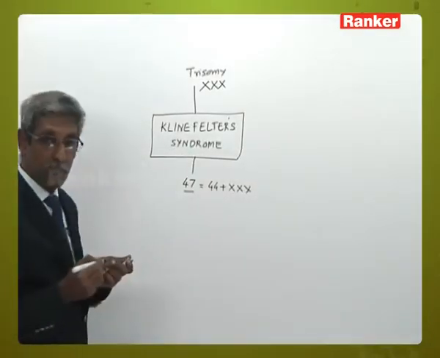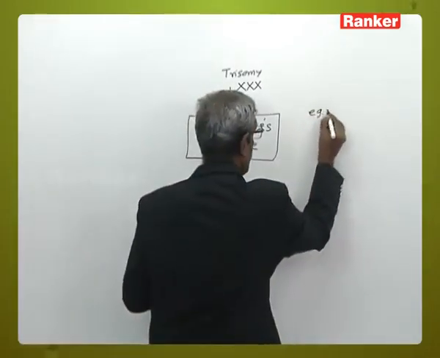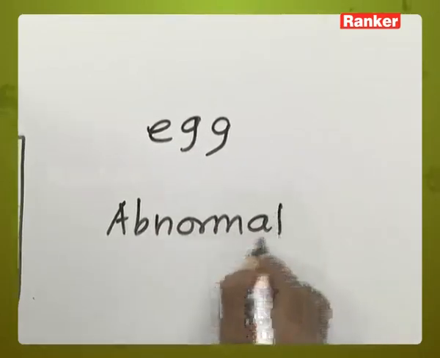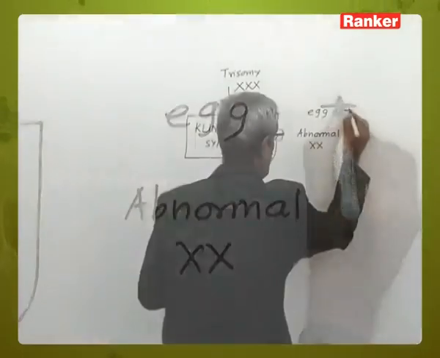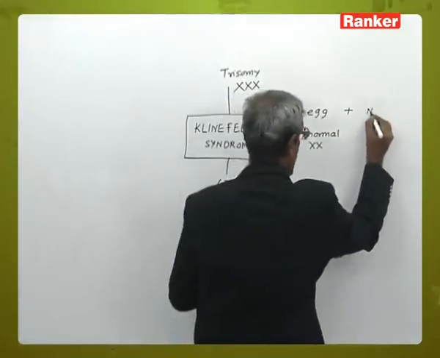Klinefelter syndrome is common, especially if the egg has an abnormal XX and it combines with a normal Y chromosome.